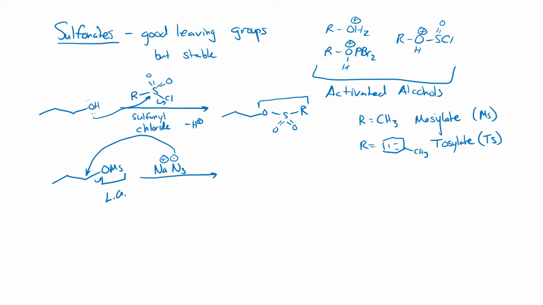That nucleophile can come in, add to the carbon, kick out the good leaving group, and now we get an azide, right? Now, there's other reasons why you'd want an azide. That's not really the point here. But the point that I want to make is we can bring in a nucleophile that is not a halogen. And this is pretty cool.